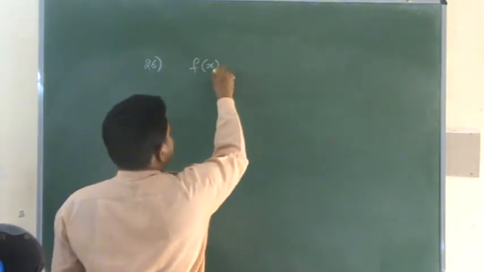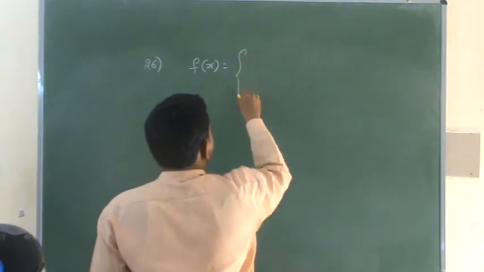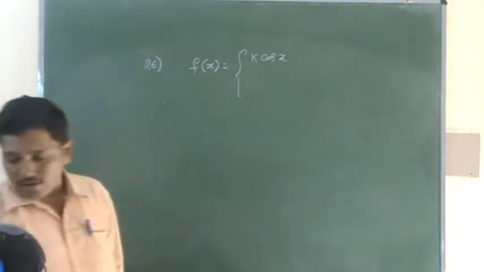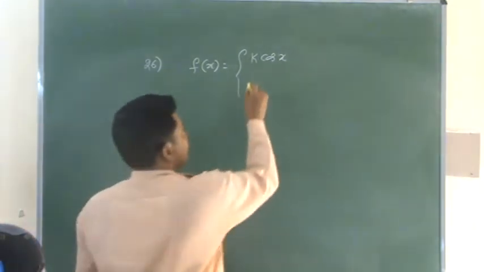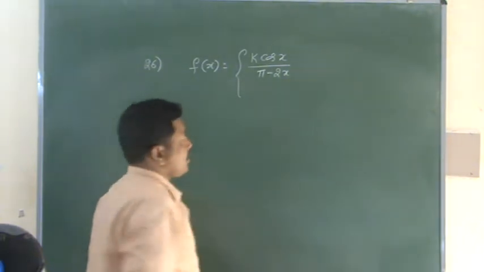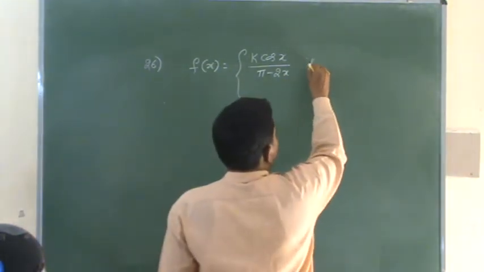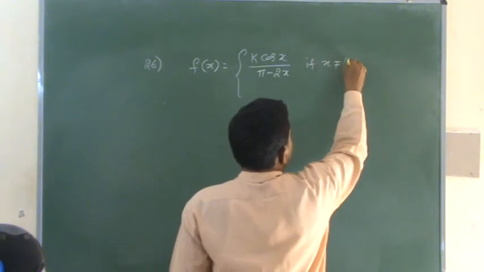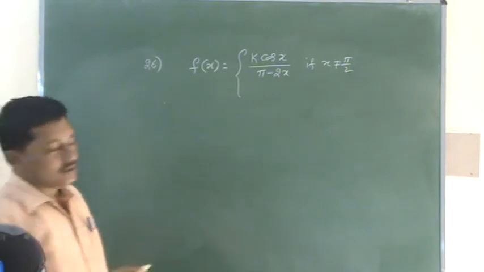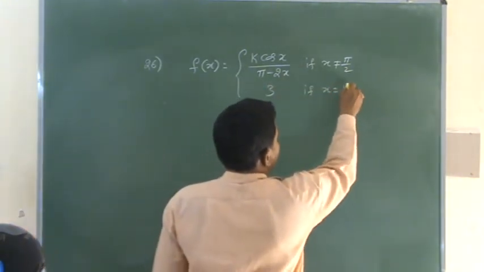Here f of x is equal to k cos x by pi minus 2x if x is not equal to pi by 2, and 3 if x is equal to pi by 2.